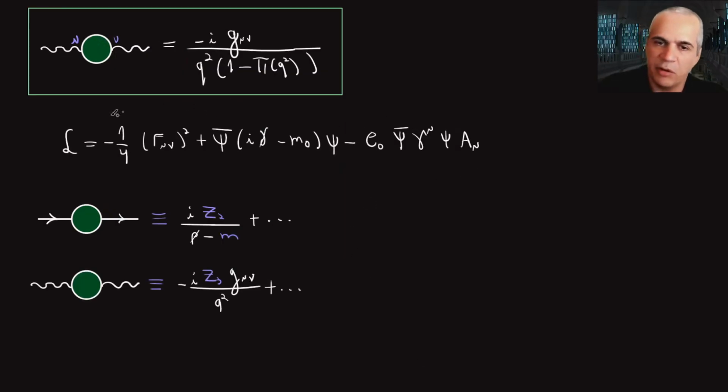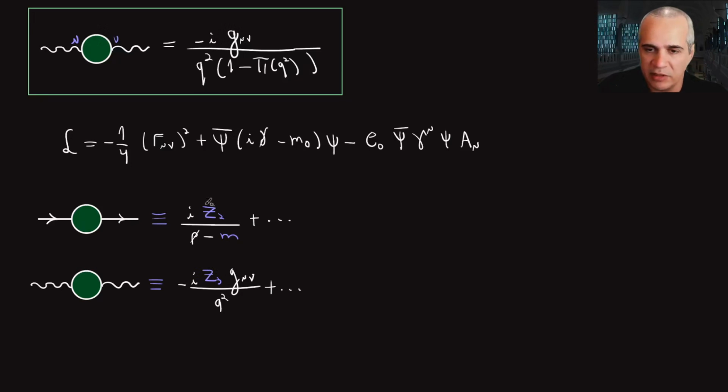So now this is our Lagrangian written in terms of the bare fields and the bare constants. Now I'm being careful putting 0 here for the mass of the electron and the charge. And we know from our analysis of the Källén-Lehmann representation that near the one particle poles, these full propagators will look like that. That defines for us Z2 and Z3. I'm using different numbers now because I have more than one field.